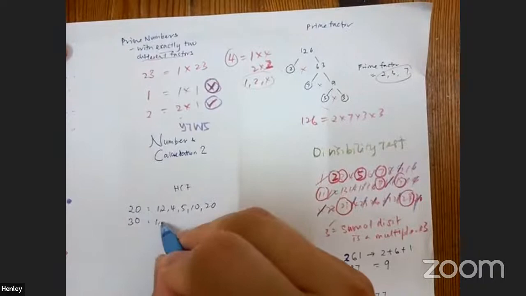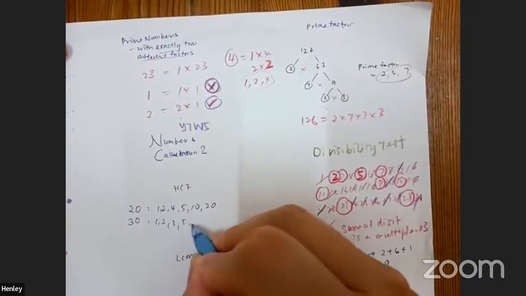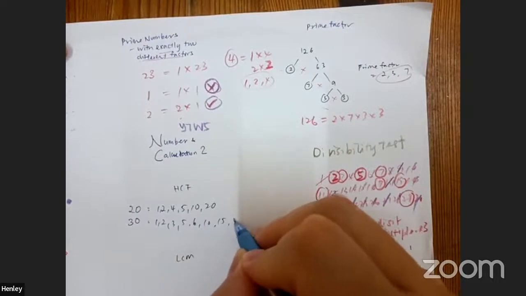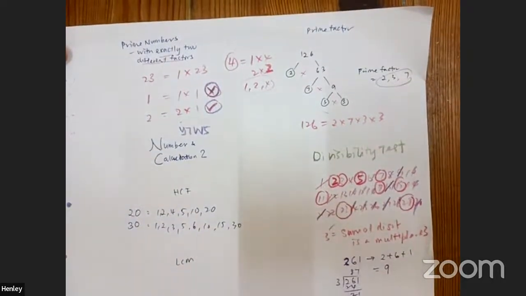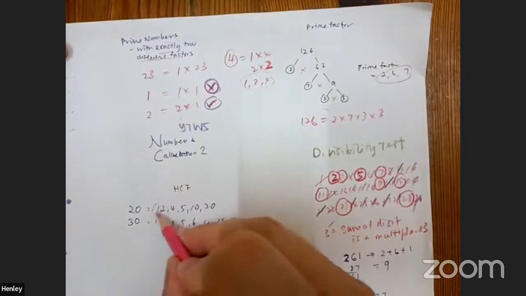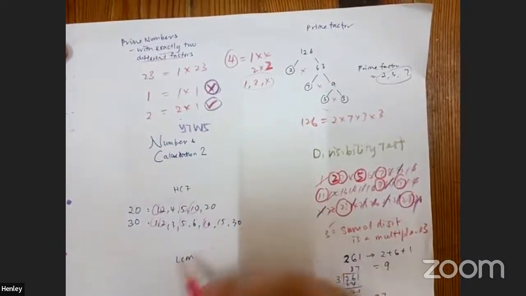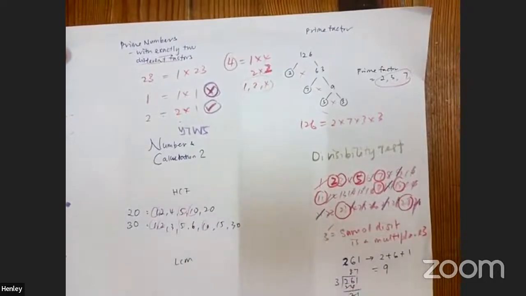For 30, it is 1, 2, 3, 5, 6, 10, 15, 30. So the common ones will be 1, 2, 5, 10. So the highest one will be 10.